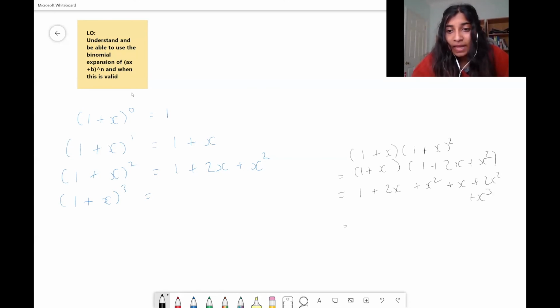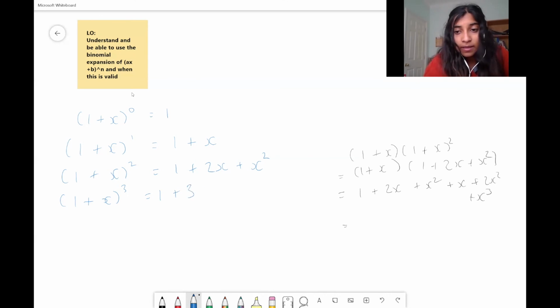So then if we collect like terms, we would get 1, and then 2x plus x, so that's plus 3x, and then x squared plus 2x squared, that's also plus 3x squared, and we would have plus x to the power of 3.